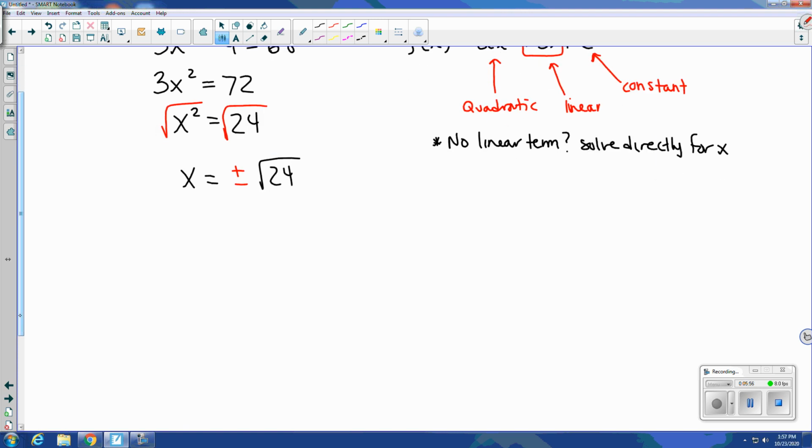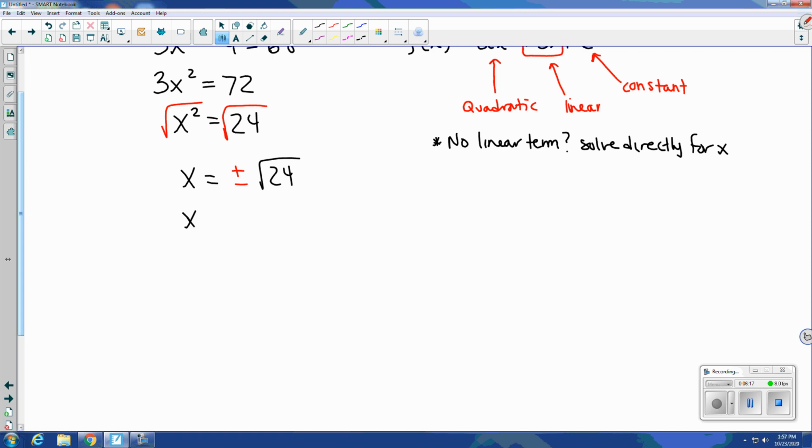At this point, we would want to look at what's underneath the radical and determine, well, is that a perfect square? Can I simplify that? 24 is not a perfect square, but we can still simplify the radical. To simplify the radical, you want to determine what is the largest perfect square that evenly goes into 24. And you would determine that that is 4.